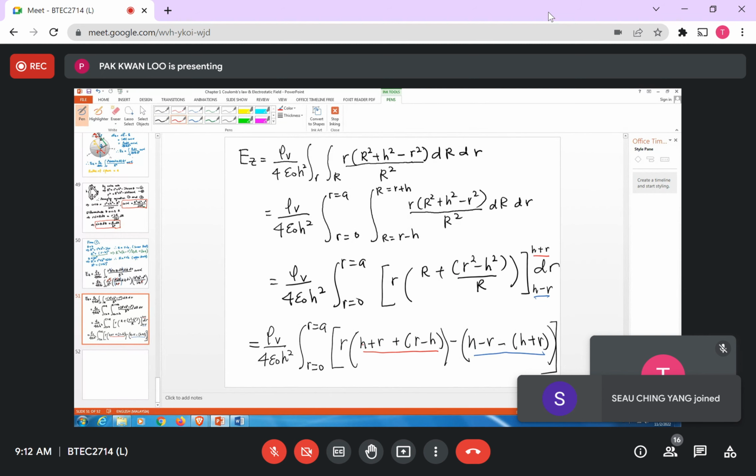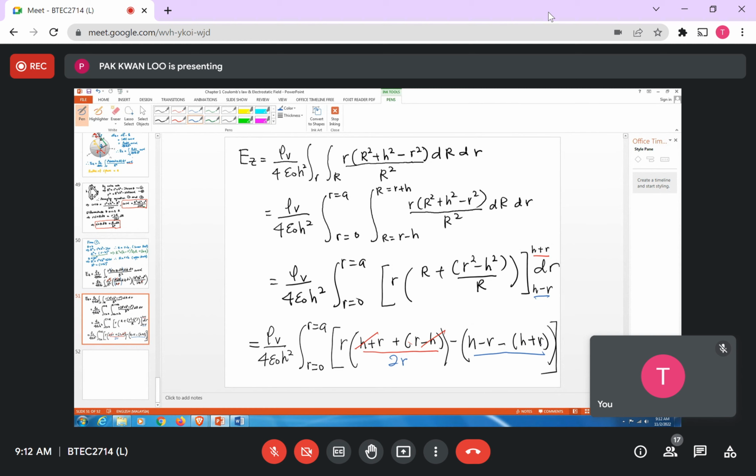So if we work this out, H and H cancel off, and the first square bracket results in 2R.